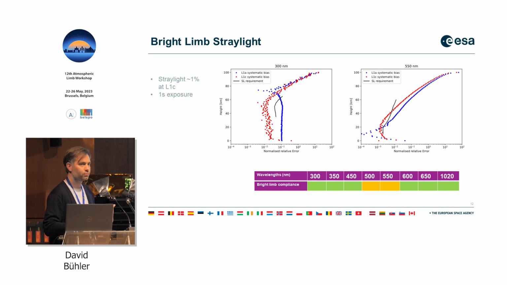We then need to also do post-processing. As you can see in this ideal scenario, we do manage to get below the requirements. Across all the wavelengths for which we have requirements, only some in the visible around 500 near the upper end, around 50 to 60 kilometers, we struggle a little bit.